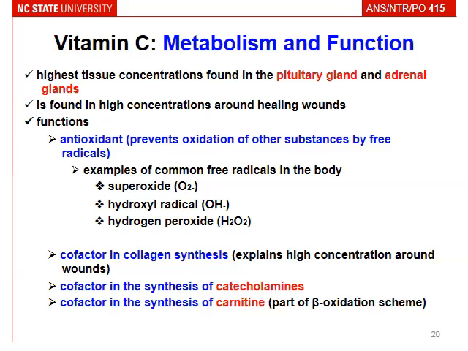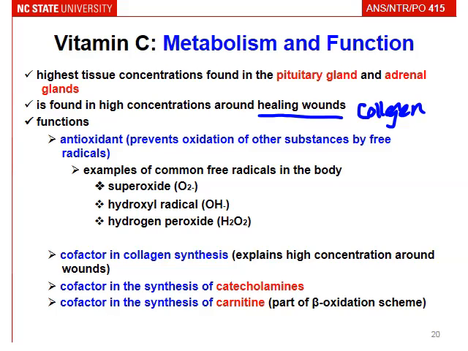So what is the function of our vitamin C? Well, we already got a preview of it when we were discussing vitamin E function, but vitamin C is actually found in its highest concentration in the pituitary gland and the adrenal gland, and it's also in high concentrations around healing wounds. So why would that be? That's because we need it for that collagen.